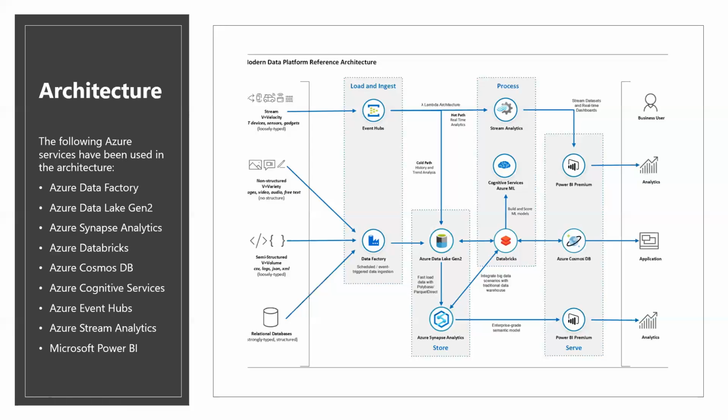Let's talk about the next one, semi-structured data sources. How to bring the semi-structured data into Azure, whether it is on-premises or in the cloud. We can use an Azure Data Factory pipeline to pull data from a wide variety of semi-structured data sources, both on-premises and in the cloud.